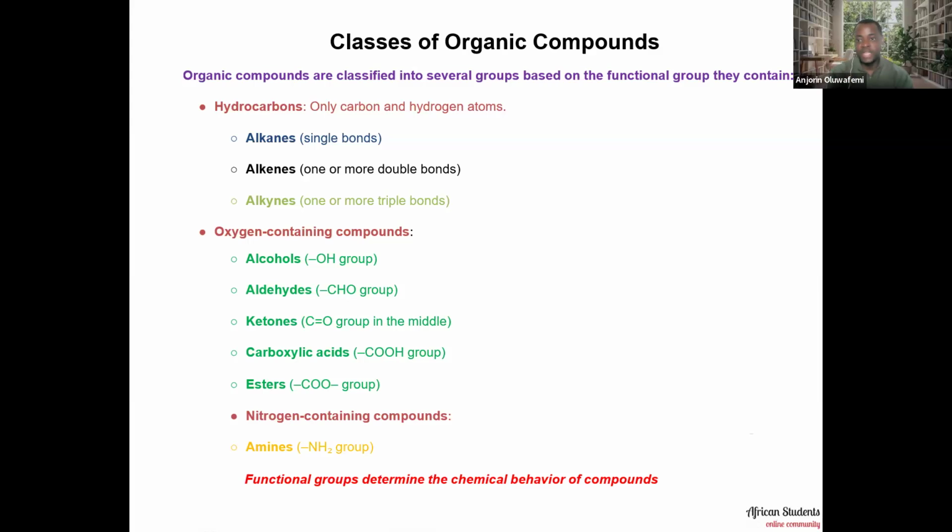The kind of bonds, linkages, and interactions it will have with other compounds are all determined by the functional group, which compels a particular behavior or characteristic on that compound.